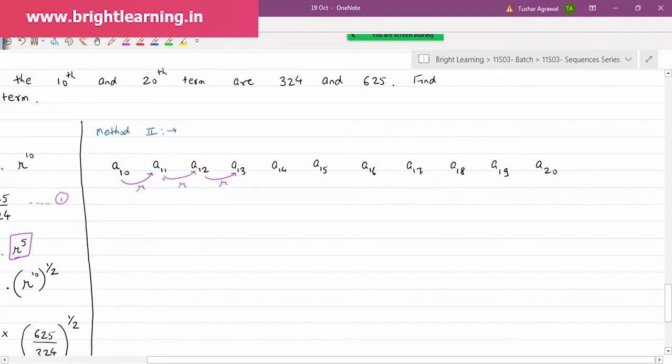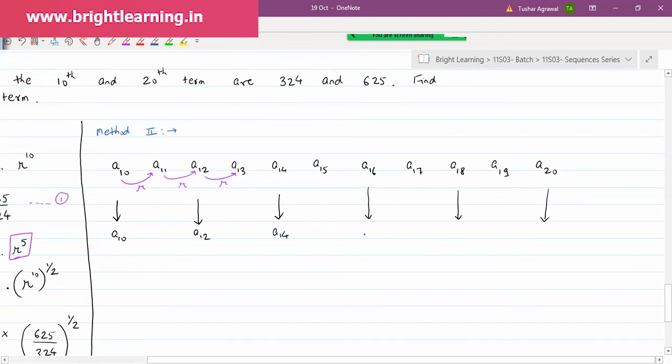So if I take equidistant terms, I start from A10, then I leave one term and take A12, then leave one term, take A14, then A16, leave 17, take 18, leave 19, take 20. Will they themselves form a GP? Yes, they will form a separate GP. A10, A12, A14.